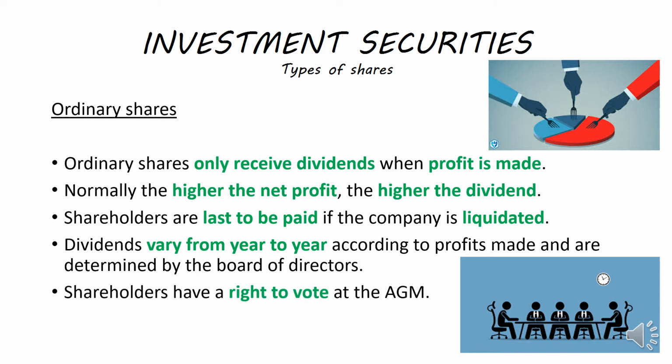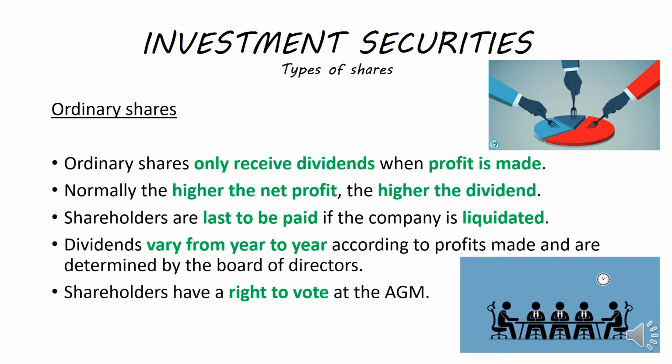Your ordinary shareholders automatically have a right to vote at the AGM. Remember, public companies by law are required to have an AGM once a year, where the ordinary shareholders have a right to attend and a right to vote. Remember, we said one share equals one vote.